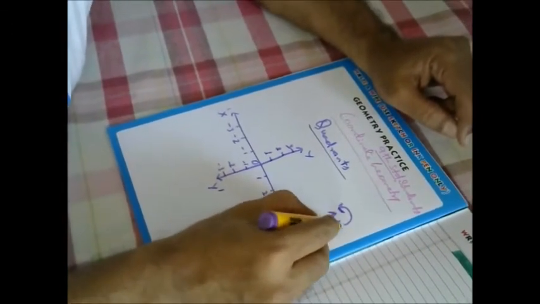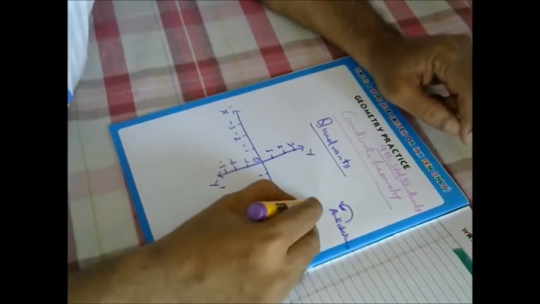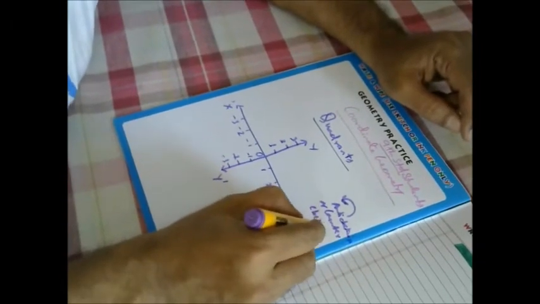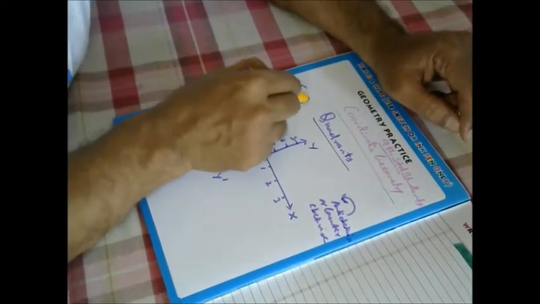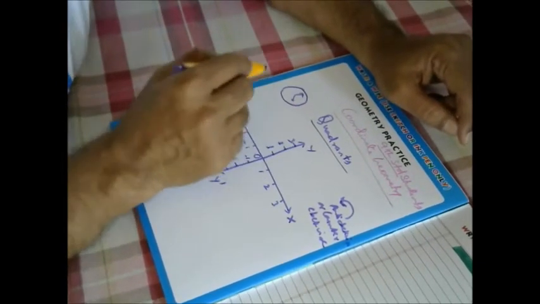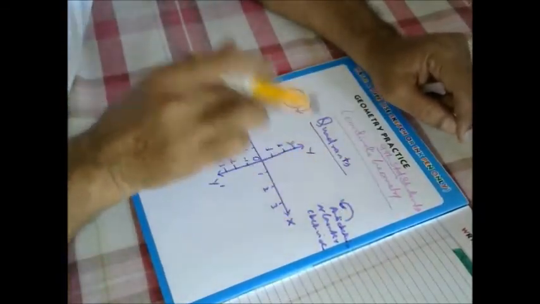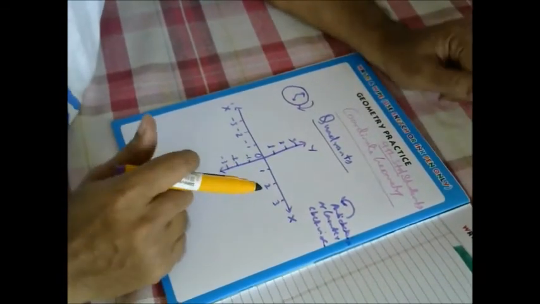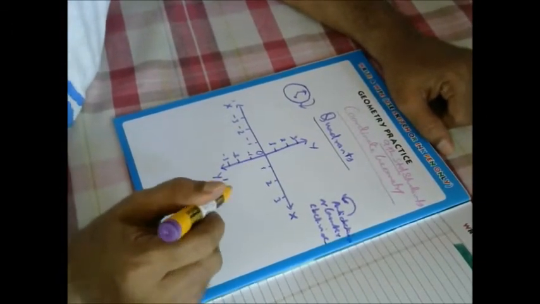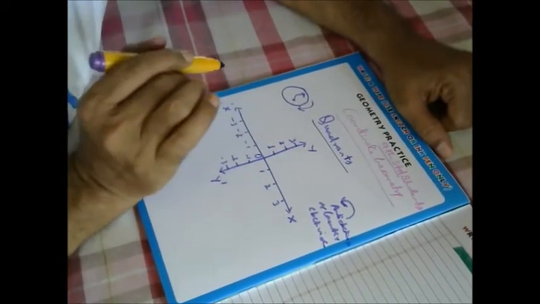Because a clock moves in the clockwise direction, the hour hand or the minute hand moves in this direction. So the direction followed by a clock is called clockwise.